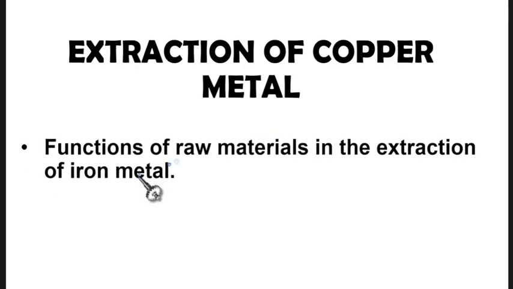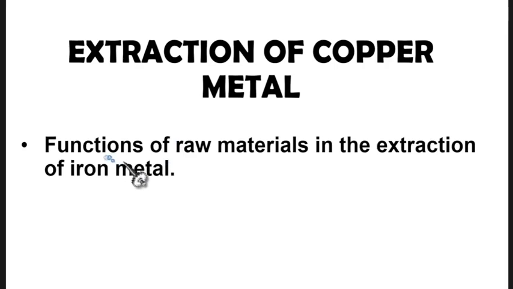Before we go any further, we are first going to look at the functions of raw materials in the extraction of iron metal. I did the extraction of iron metal in my previous lesson, and I never talked about the functions of those raw materials.